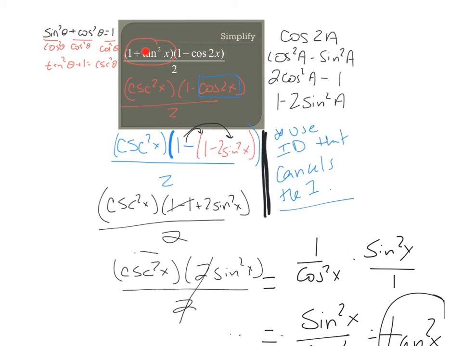You're going to maybe want to distribute, and I wouldn't do that. I would look at this and recognize I got my Pythagorean identity. I look at this, look to cancel the ones, and see what you got there, and then maybe distribute. Because when you distribute, this is going to be a mess. The reason I know it's going to be a mess is I got a double angle and a single angle. Not going to be fun.